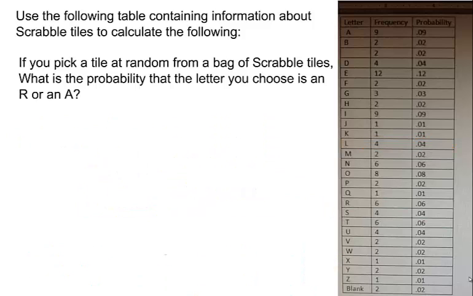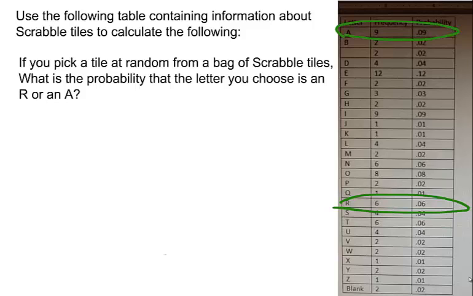Now suppose we are asked, if you pick a tile at random from a bag of Scrabble tiles, what is the probability that the letter you choose is an R or an A? The probability of choosing an R or an A, if we pick a tile at random, these are disjoint events.